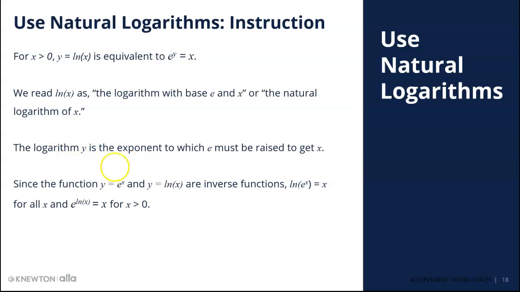Now, since the functions y equals e to the x and y equals ln x are inverse functions, we know that ln of e to the x is just equal to x. And also, e to the ln x is equal to x for all x greater than 0.